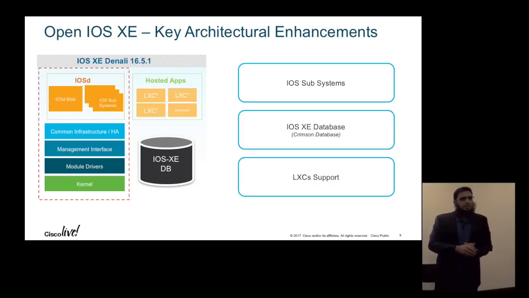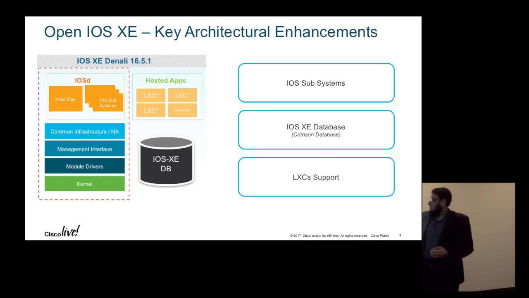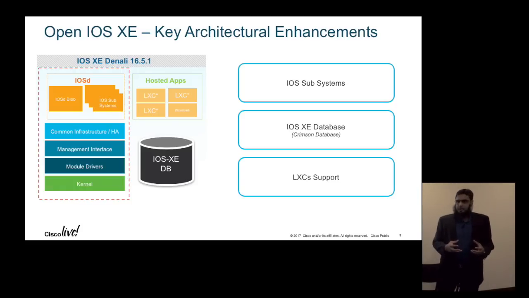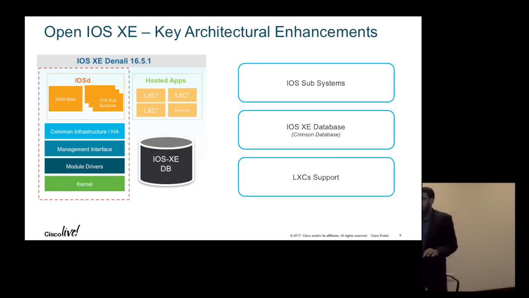That's one of the key things that we have in IOS XE 16 with Catalyst 9Ks that gives us a lot of different capabilities that I'm going to talk about in the next few slides. This IOS XE database holds all the different states, the configurational states and the operational states of the system. It's kind of decoupling the code from the data and storing all the data in the IOS XE database in a standardized format.